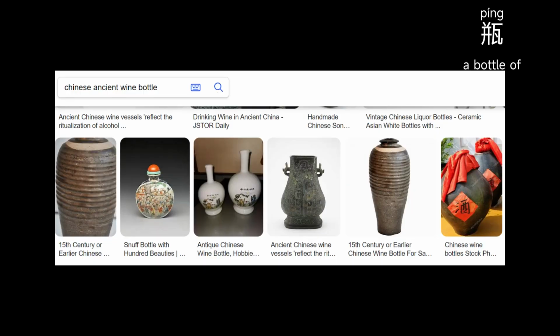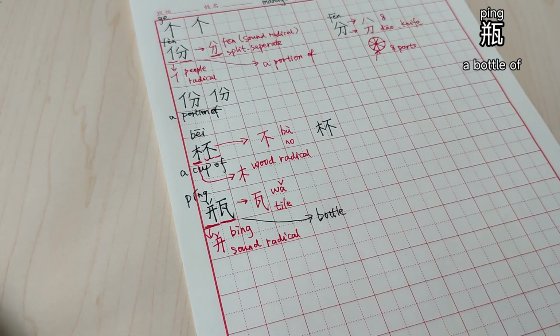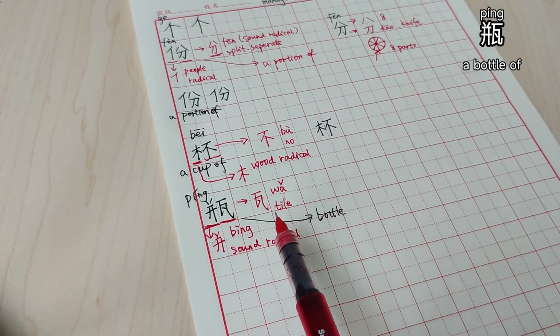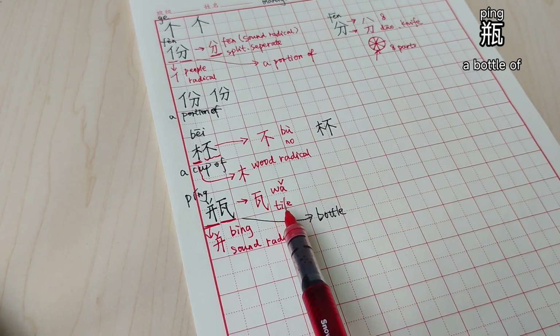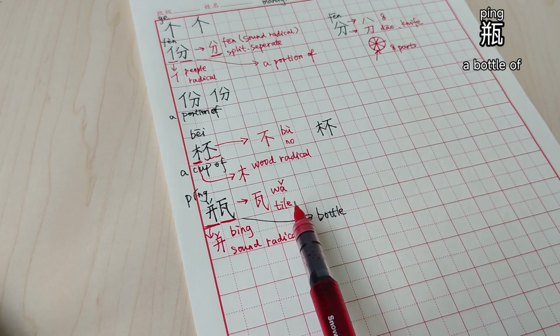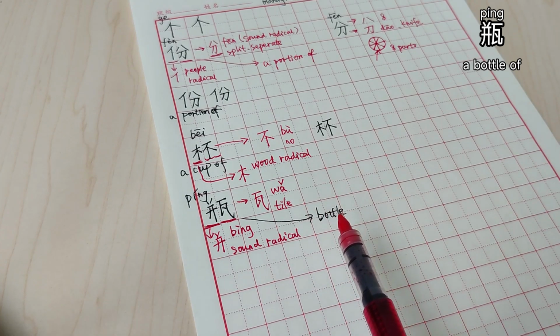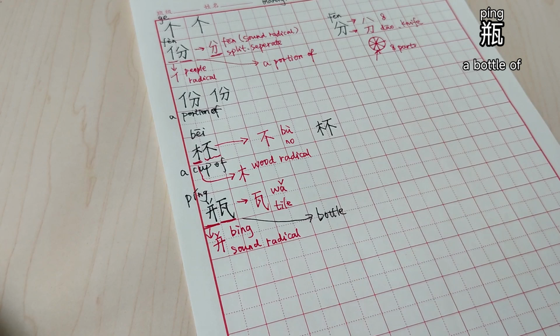And in ancient China, a lot of bottles, especially wine bottles, were made of pottery. So I think that's kind of related. That's my assumption.